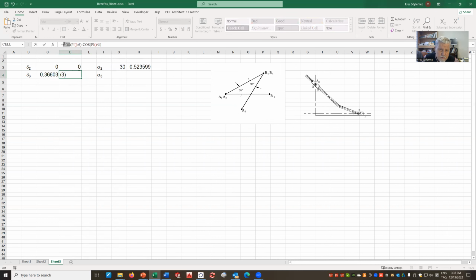If I convert these to sine, if you want, you can type this function once more using sine, but this seems to be much simpler. Sine of pi over 6, pi over 3, yes. That is 0.366 for the x and 0.366 for the y component, okay?